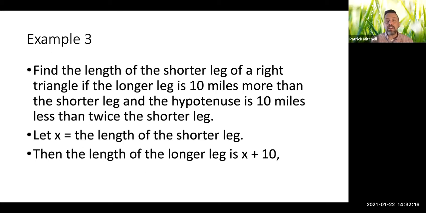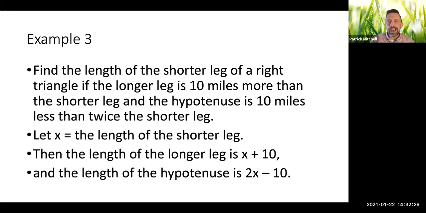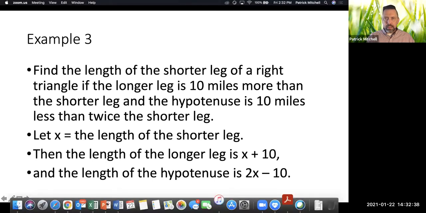And the hypotenuse is 10 miles less than twice the shorter leg. So that makes the length of the hypotenuse 2x minus 10, right? Okay, so now we can go over to the tablet. Figured it'd be easy enough to get that part out of the way on the presentation.